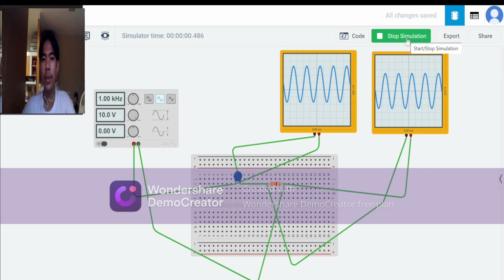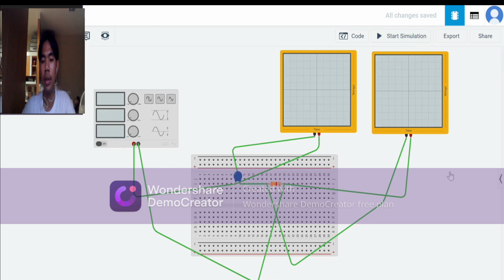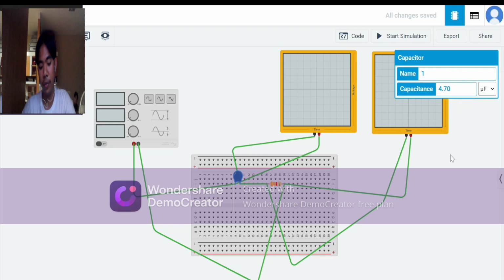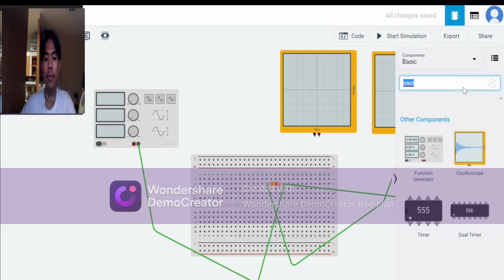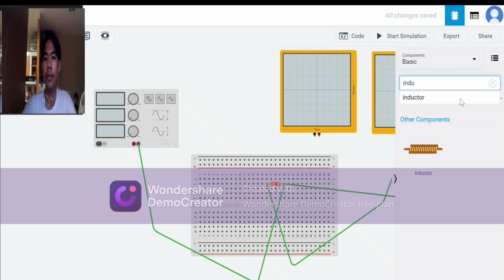So I'm going to stop simulating. This time I connect the capacitor with resistor. Oh, not capacitor, inductor. This time we need inductor, connected in series with resistor.